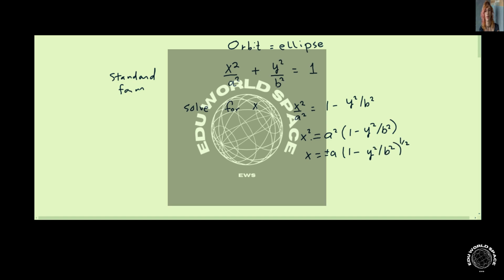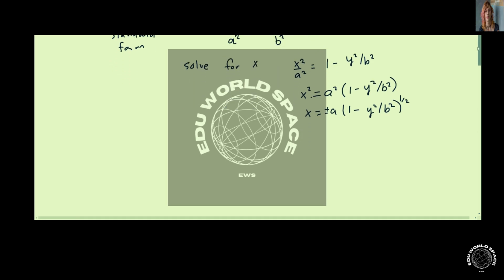But if we look at this equation, what we see is that x has a maximum value, has a maximum plus value when y equals 0.